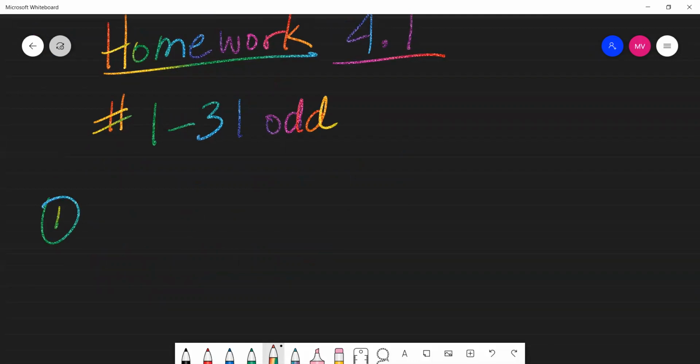So for 1 through 7, we need to match each phrase with its equivalent inequality symbol. So number 1, is at most represents which symbol? I have to write these out when I work with at most and at least.